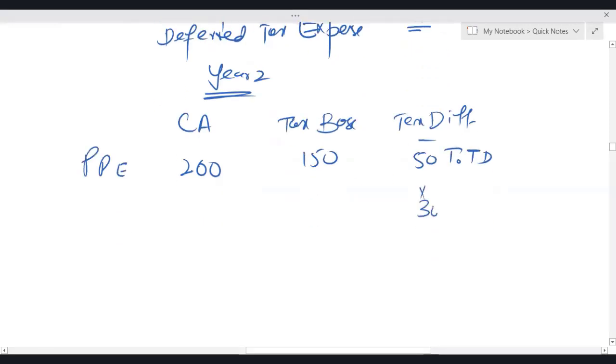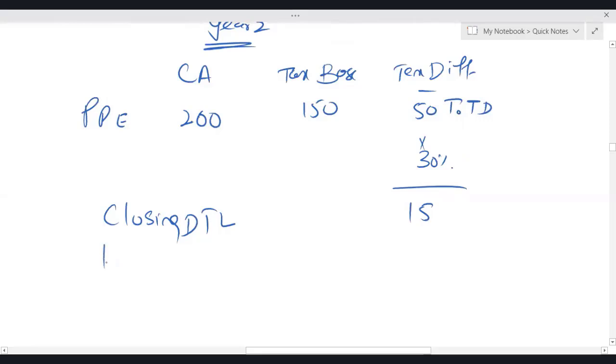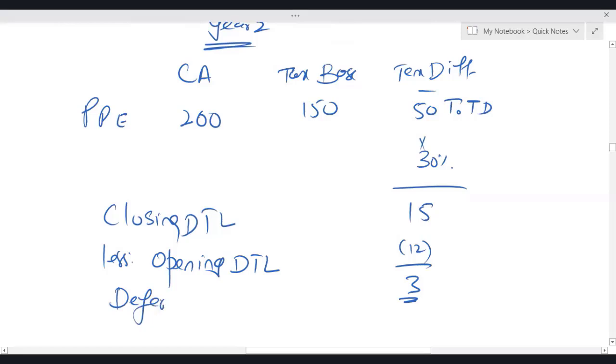Multiply by 30%. 15 is the closing deferred tax liability. Minus the opening deferred tax liability of year 1, because the closing deferred tax liability of year 1 becomes the opening deferred tax liability for the second year, which is 12. This 3 is your deferred tax expense, because the liability has increased.